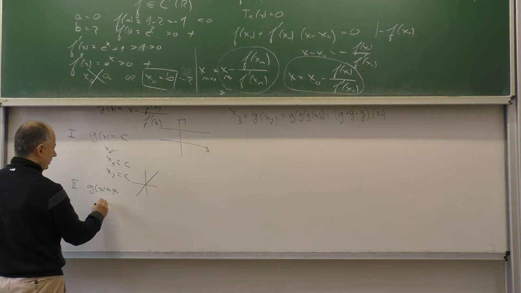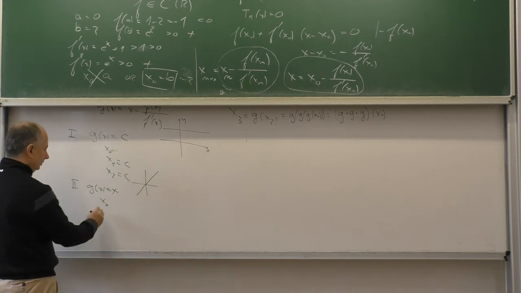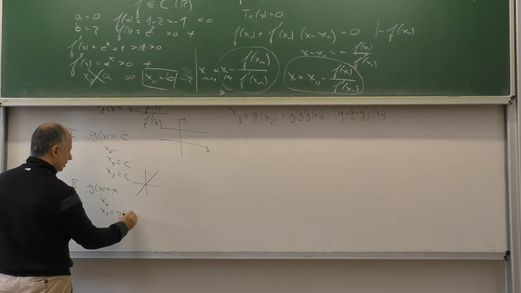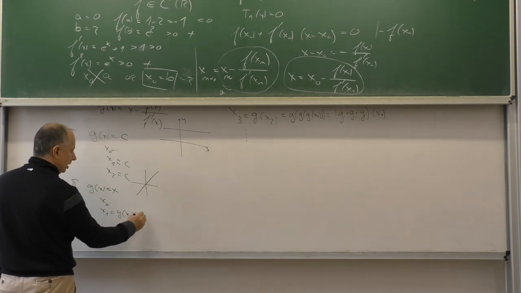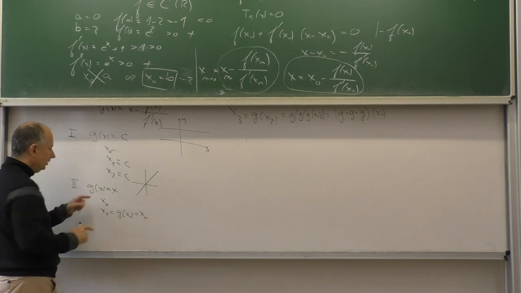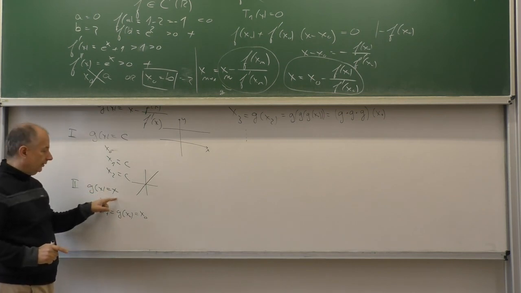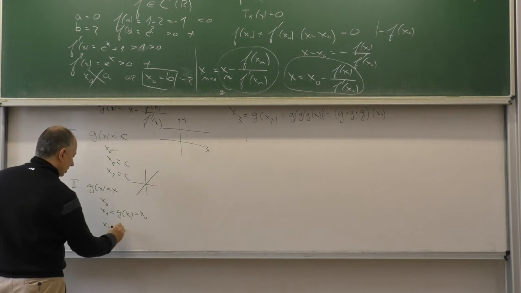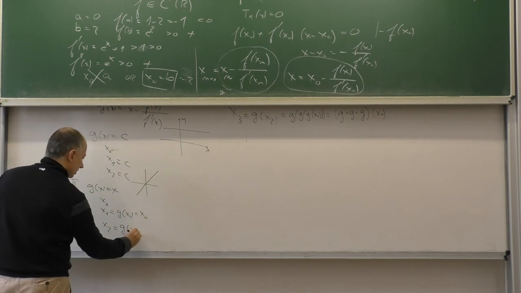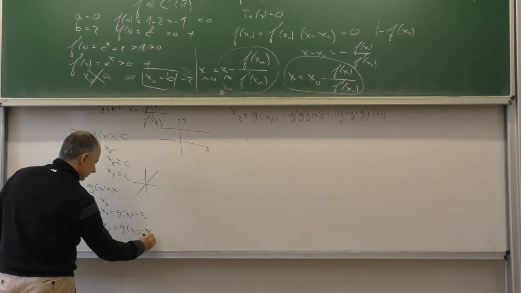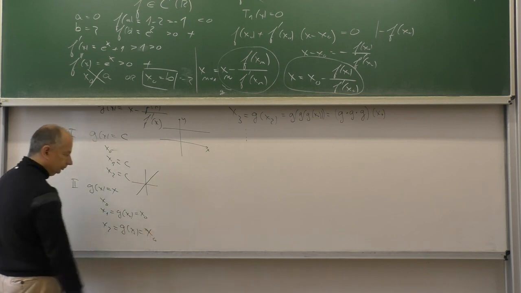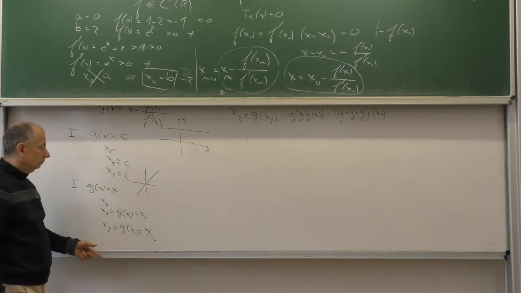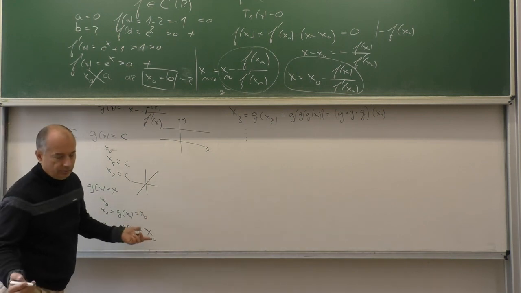Then starting with any value x0, x1 is g at x0, which is the same as the argument. The function value of g is the argument itself, so g x0 is x0. Similarly, x2 will be g of x0, which is again x0. So we have a constant sequence. Again, too simple, too stupid.